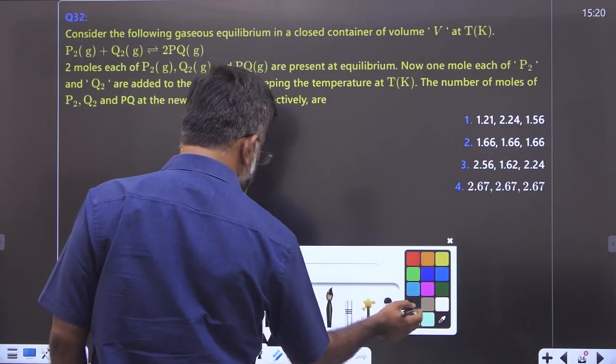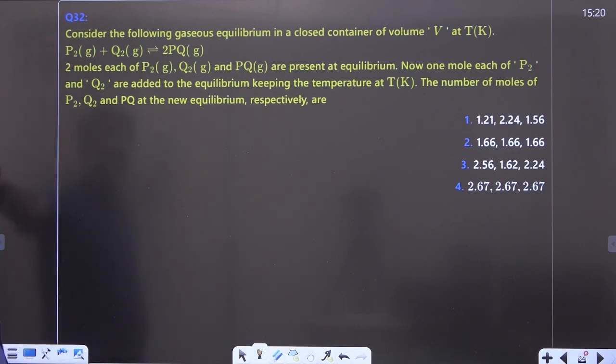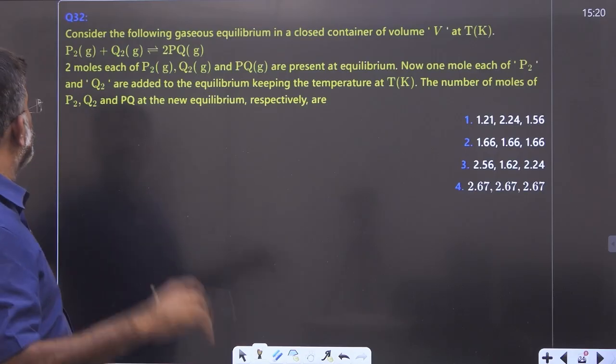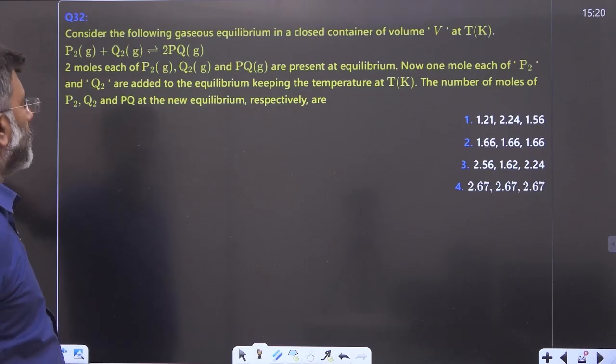Please have a look at the question. Consider the following gaseous equilibrium in a closed container, volume V at T Kelvin, P2 plus Q2 giving 2 PQ, all are gases. 2 moles each of P2, Q2 and PQ are present at equilibrium.